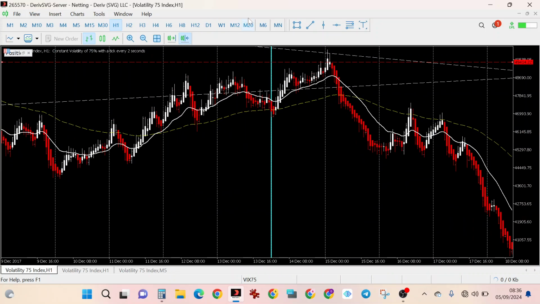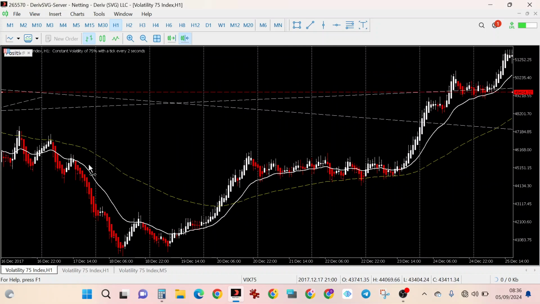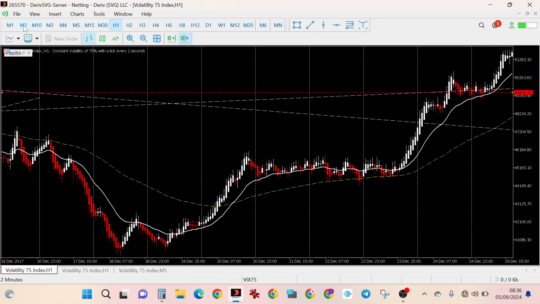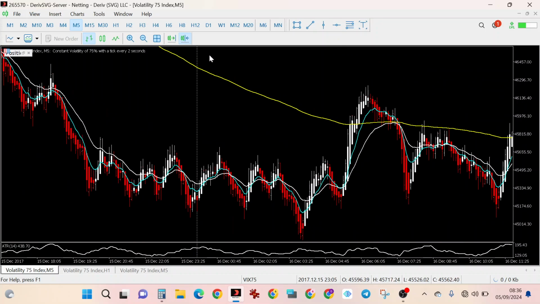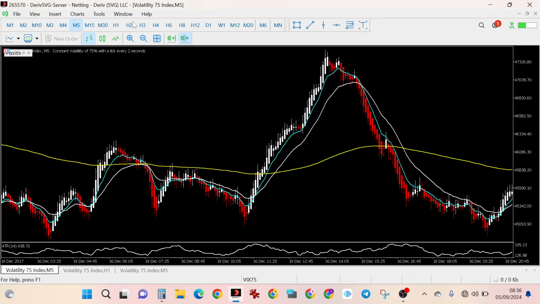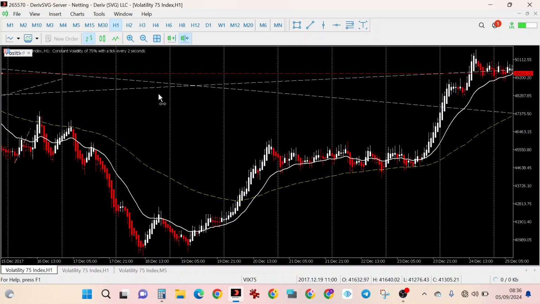In the 1 hourly chart, you try here, and it probably would have given you a loss, but that's okay, because you're not targeting 1-to-1, you're targeting like 5 times your risk. So having a loss is not really a big deal when it comes to this strategy.